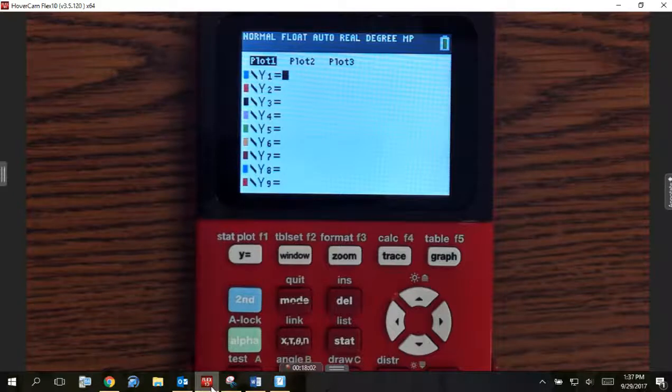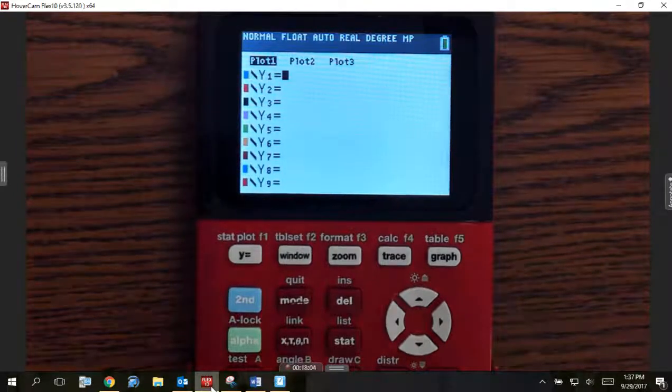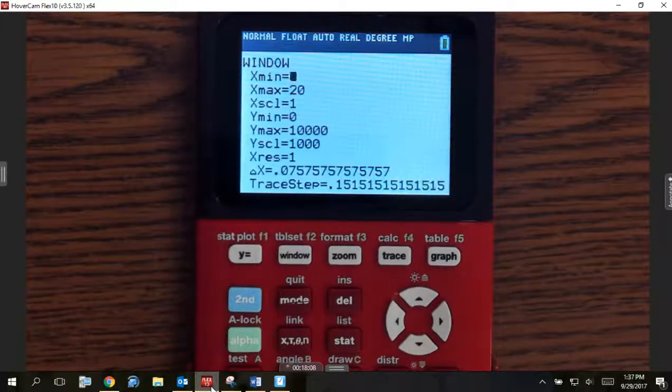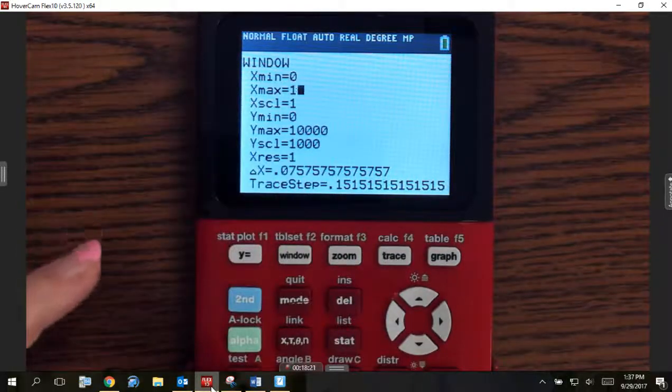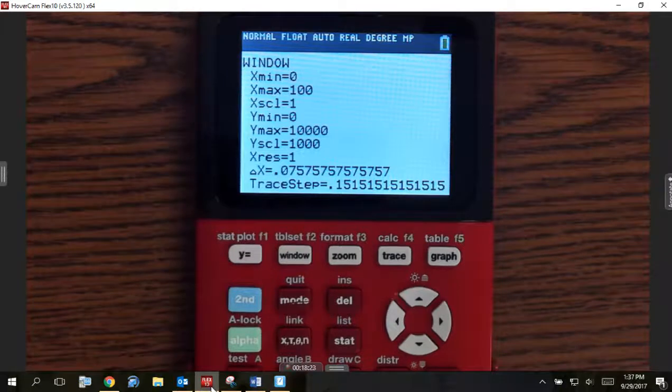And then what we're going to do is set up our window, so when we graph it, we actually see the points. So go to window, and our miles per hour looks like they go from 20 to 70. So maybe we go from 0 to 100. Something that covers 20 to 70. But really, it's up to you what you choose. But I'm going to do 0 to 100.